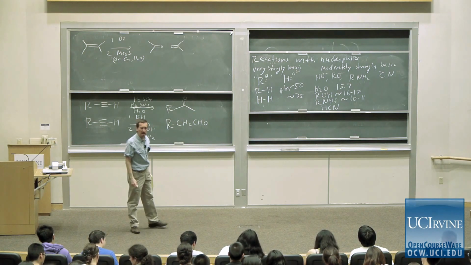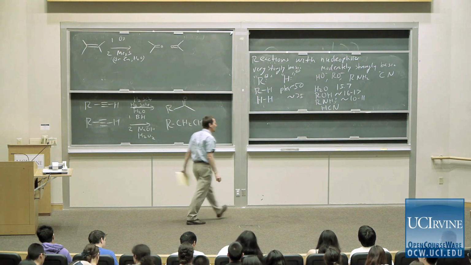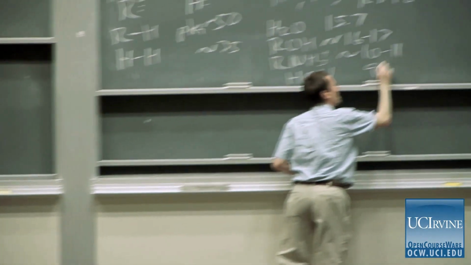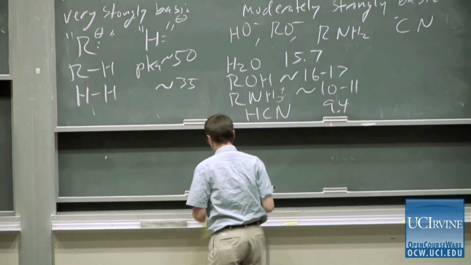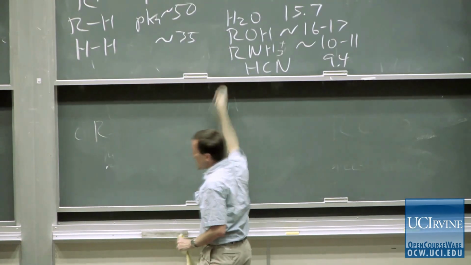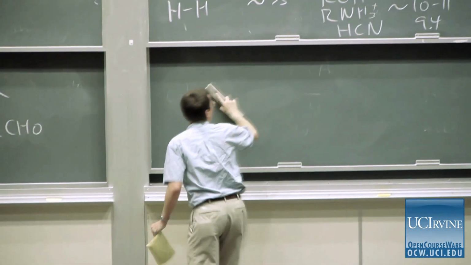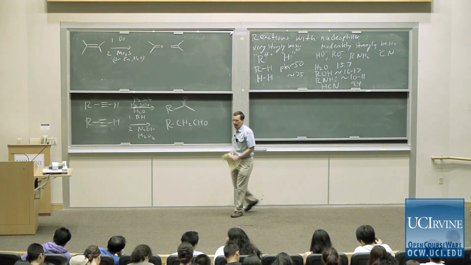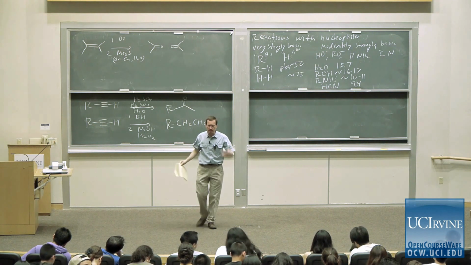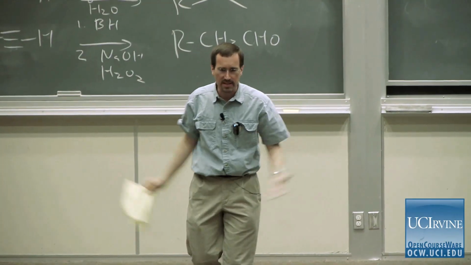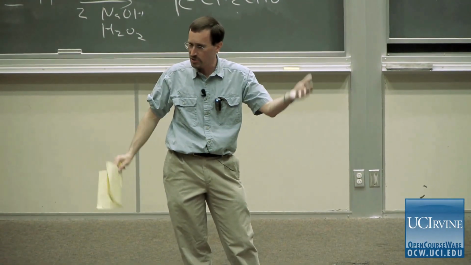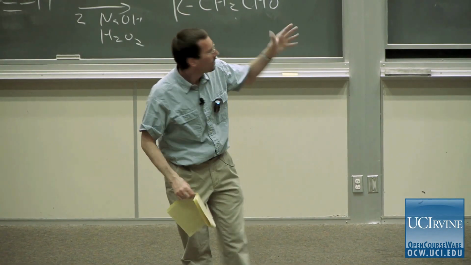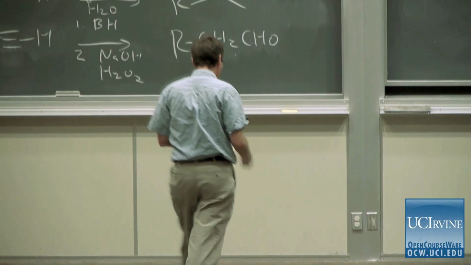Hydrogen cyanide, often called hydrocyanic acid, is a weak acid with a pKa of 9.4. All right, so that takes care of what I'd call very basic and moderately basic nucleophiles. And you could probably predict that there would be others in that category, things like hydrogen sulfide, where you have a similar sort of pKa. But this is plenty to get us started.